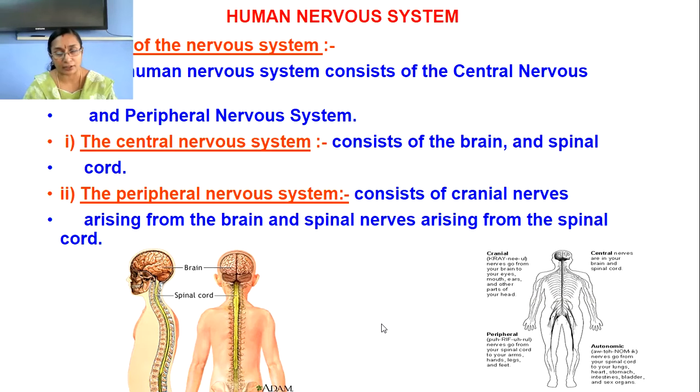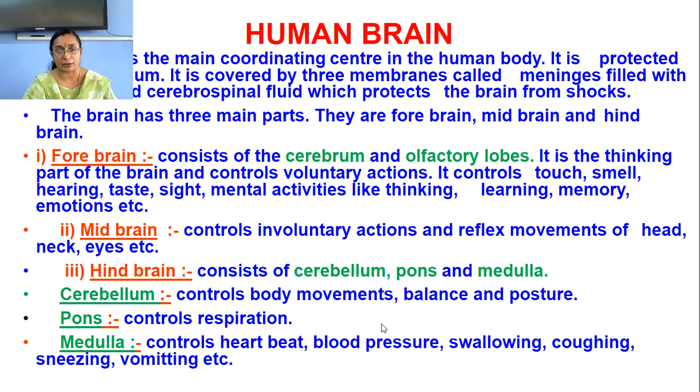Now to assist the brain and spinal cord and to connect it with the other body organs, we have another system called the peripheral nervous system. The peripheral nervous system generally consists of all the nerves that arise from the base of the brain, called cranial nerves, and the nerves that arise from the spine, called spinal nerves, and it helps in connecting the rest of the body with the brain and the spinal cord.